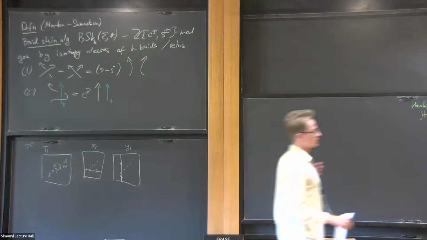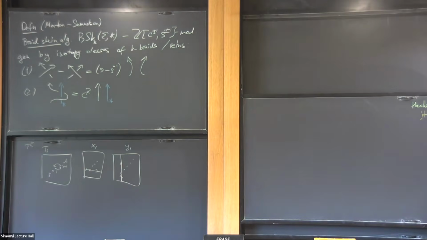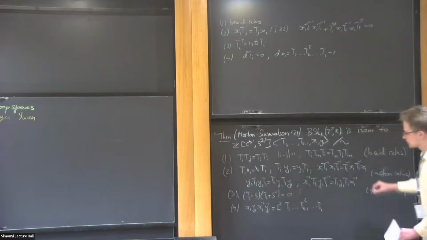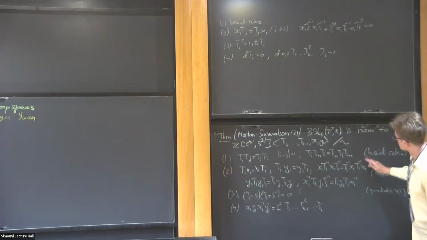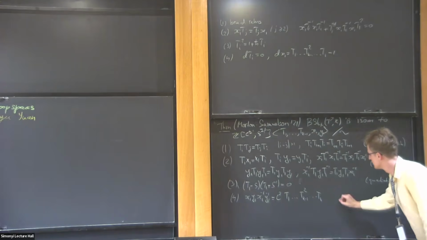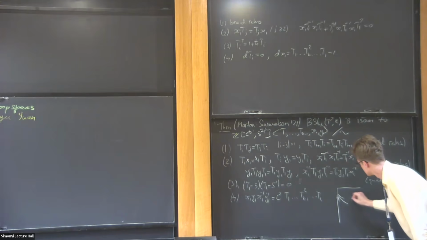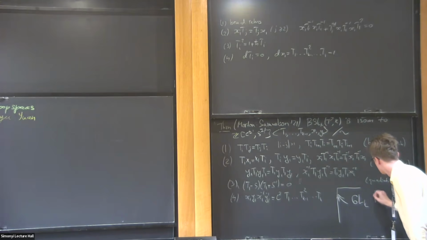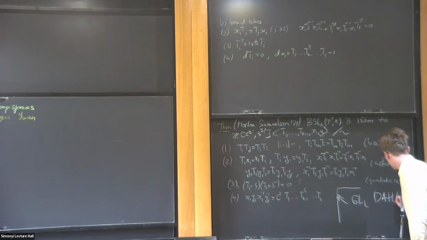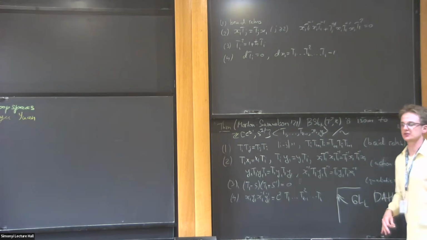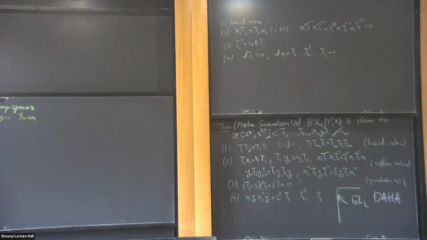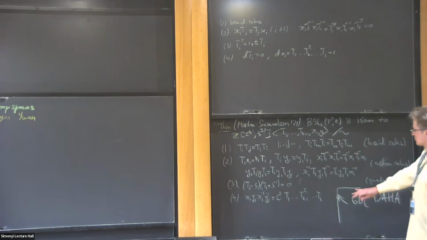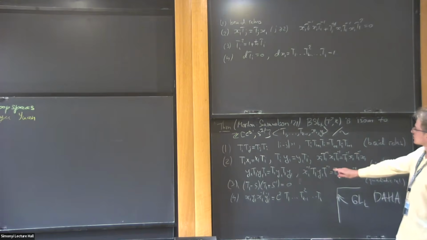So they compute this whole thing, and this presentation actually gives us the GL_k double affine Hecke algebra. One can see this from this presentation by equating it with other, maybe more famous, presentations. Let me say quickly what's happening here.